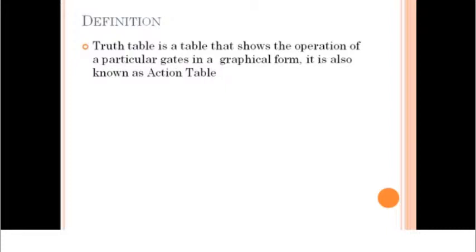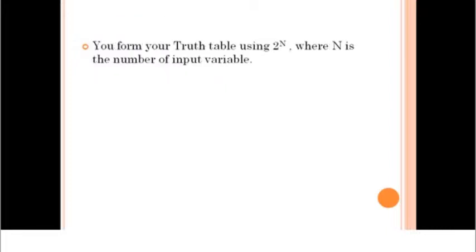So what does it mean? How do we form a truth table? Let's see. For you to have a truth table, there is a standard formula, that is 2 raised to the power of n, where n is the number of input variables. Are we together?